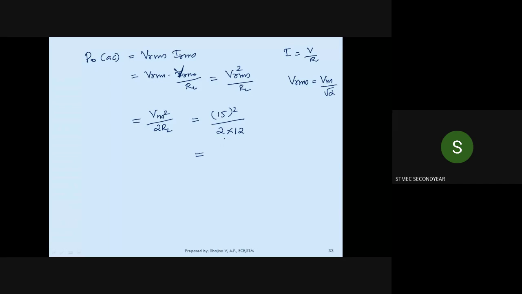So our AC output power will be equal to 9.375 watt.